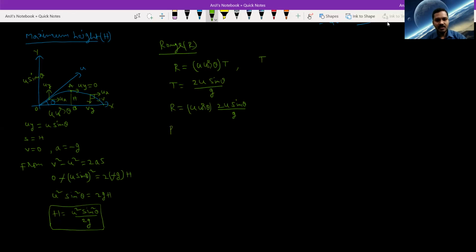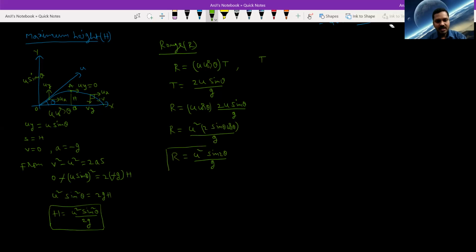Then the range of projectile r is equal to, here first u into u gives u square, then the remaining value I am rearranging like this: 2 sin theta cos theta divided by g. But in the numerator, 2 sin theta cos theta is nothing but sin 2 theta. Therefore, the range of projectile r is equal to u square sin 2 theta divided by g.